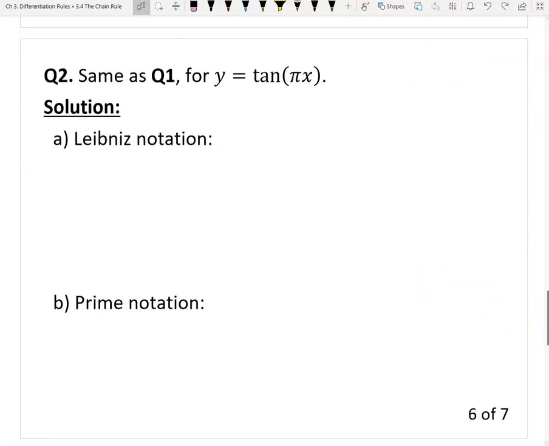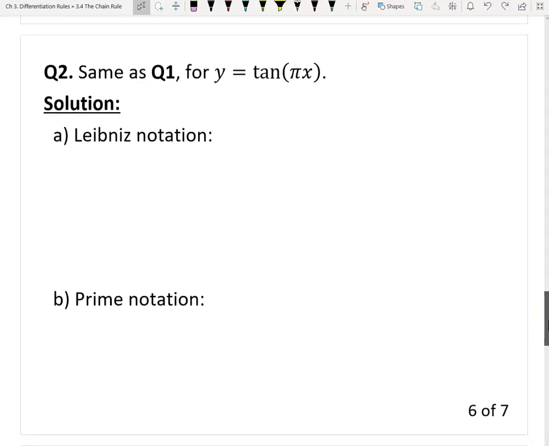Okay, I hope through this example you get something. Here I'm still going to write the Leibniz notation and the prime notation, okay? But I will take a little bit easier way. I will directly look at the composition, and this question is the same as question 1. So what do we need to do?